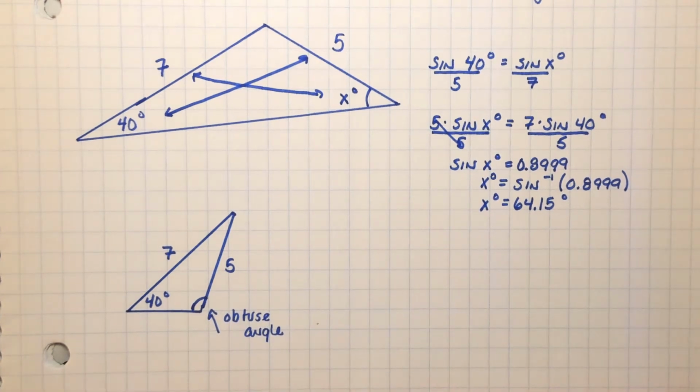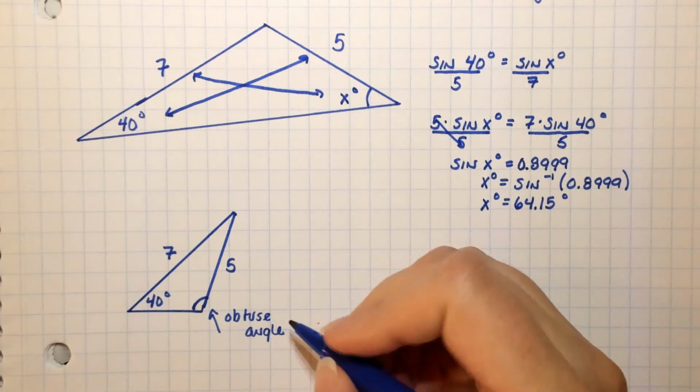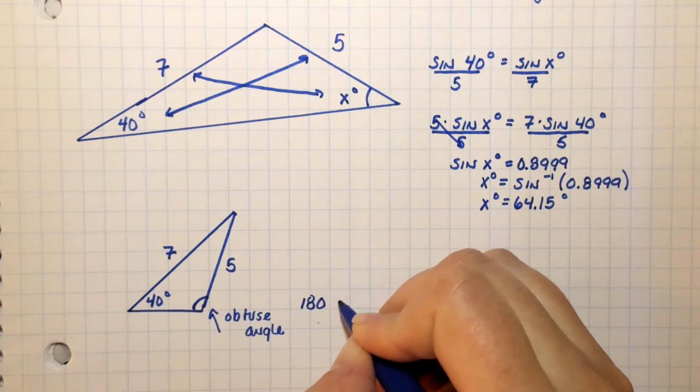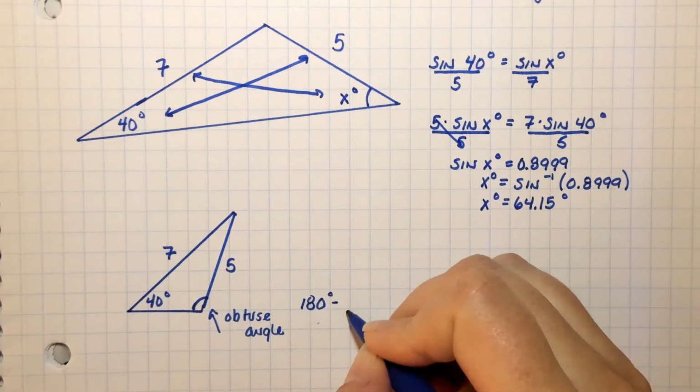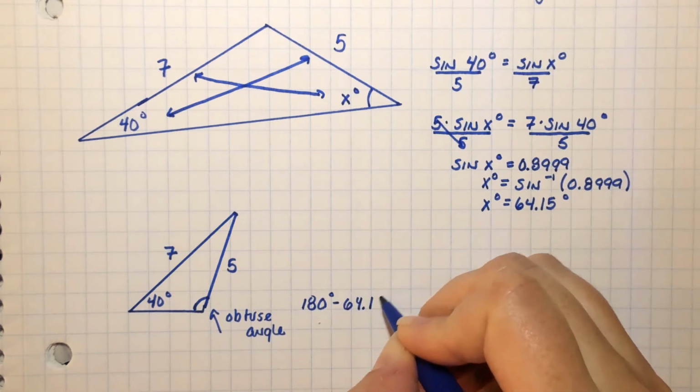And how you would actually get that angle, which we don't really do in Math 3, we do a lot of this in pre-calc, is take 180 minus the angle that you got from law of sines.